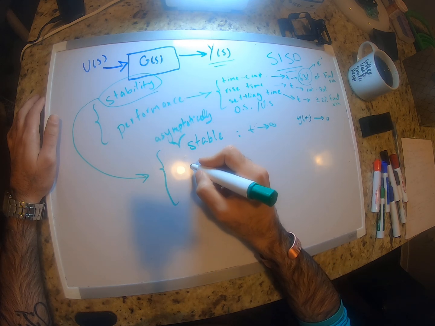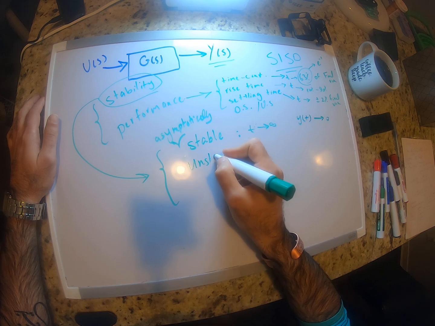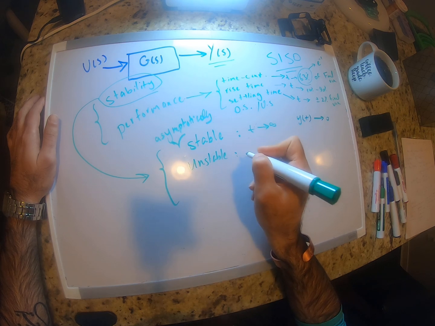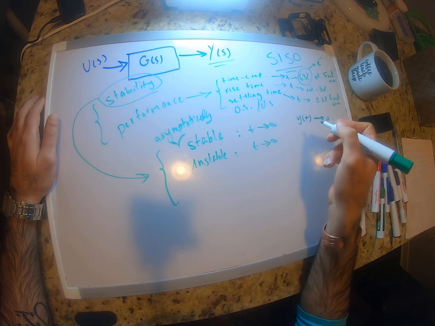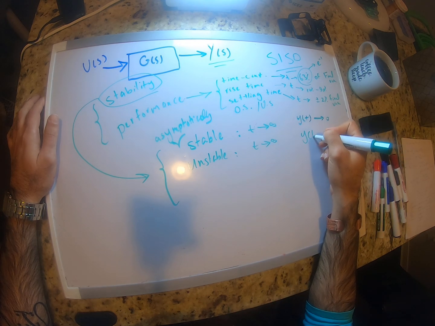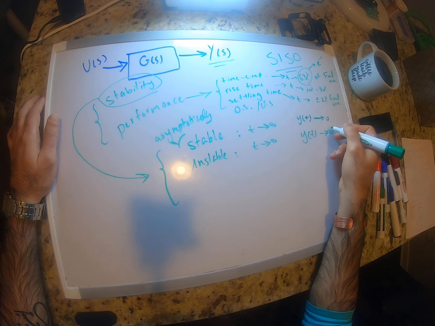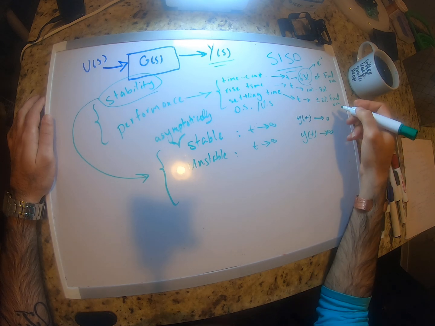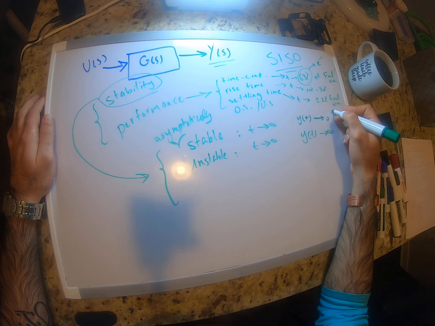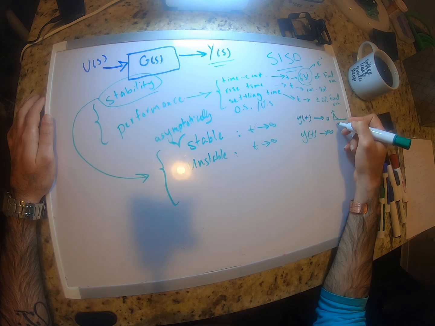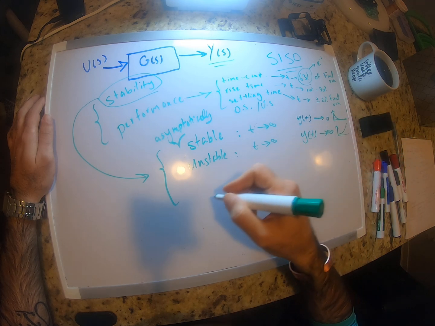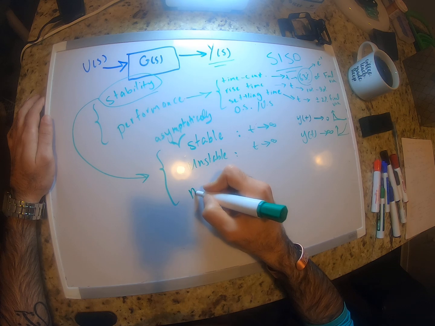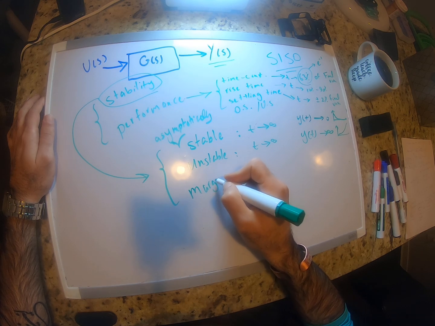An unstable signal is a signal that if t goes to infinity, y of t also goes to infinity. That's of course an unstable system. So this one is called asymptotically stable, this one is unstable.